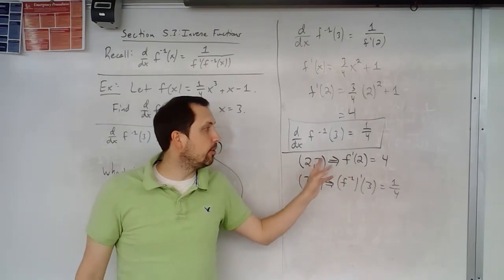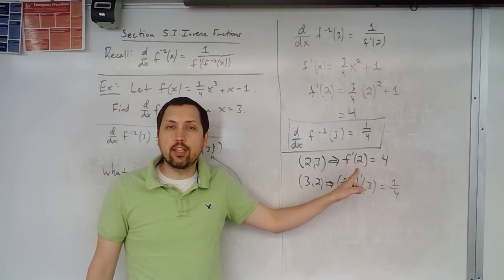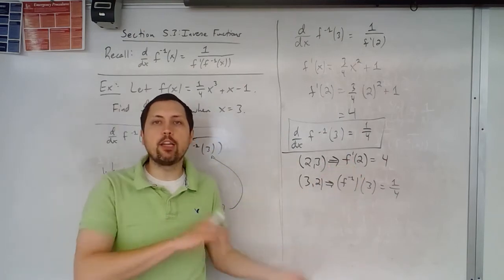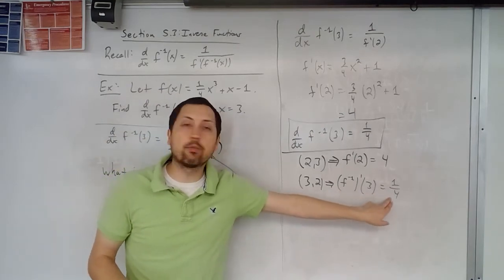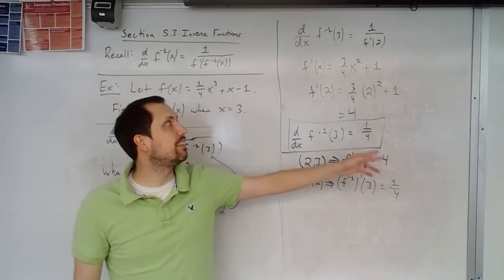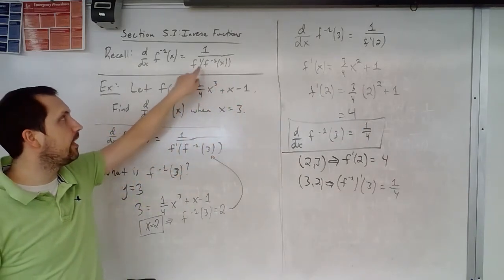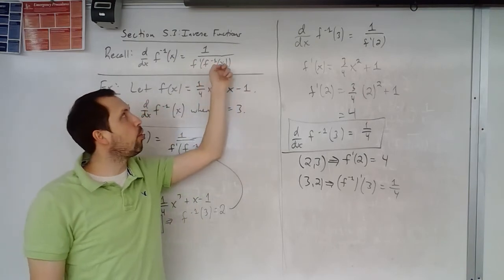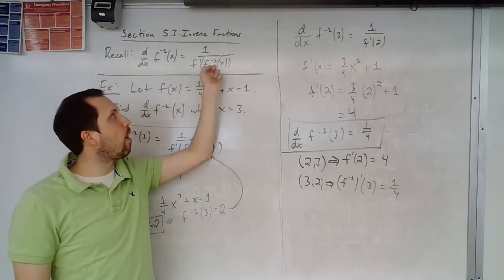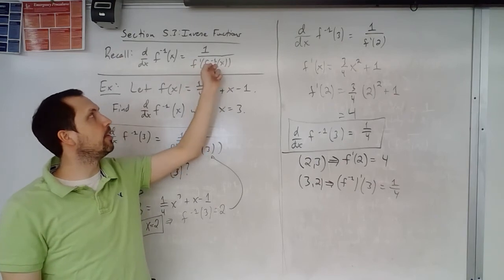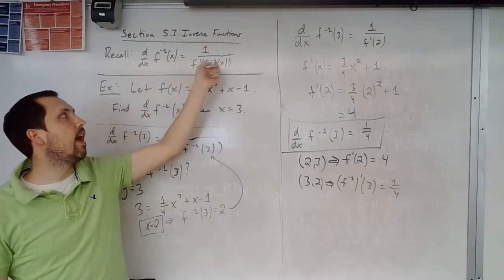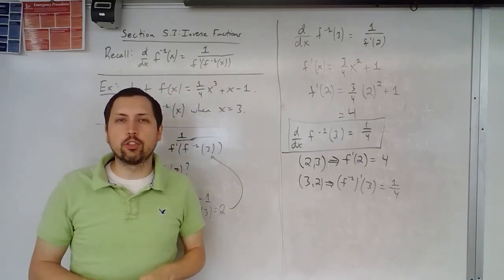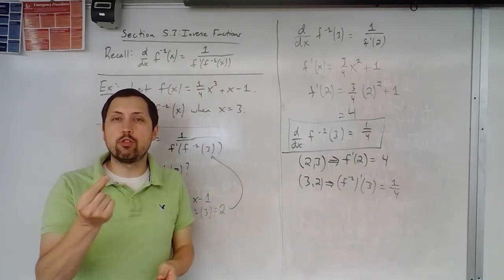The derivative of the function at whatever point, when you look at its corresponding buddy on the inverse function, is simply the reciprocal slope. Which makes sense. That's really what we're doing by taking the derivative of f and then the inverse: we're trying to find the corresponding y value, or x value, to plug into the derivative, and then that's it. So we get reciprocal slopes for derivatives of inverse functions, at least for the slopes, the actual numbers that we get.